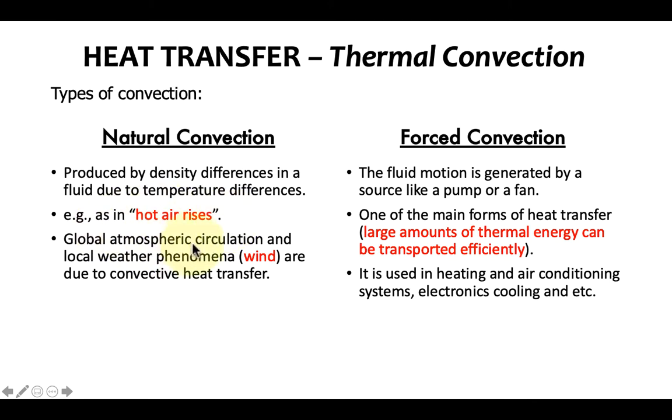Global atmospheric circulation and local weather phenomena, including wind, are due to convective heat transfer. While in forced convection, the fluid motion is generated by a source like a pump or a fan.